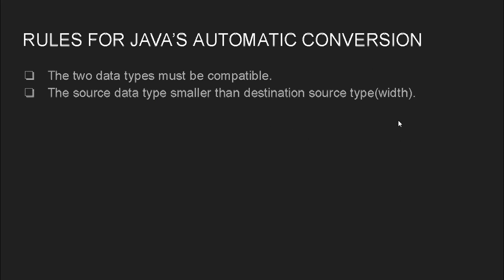That is why you can store 32-bit into 64-bit. It is not going to throw any error, and that is how Java's automatic conversion comes into the picture. So don't worry if it seems very complicated now. It will all be clear when I explain it with the help of the IDE.